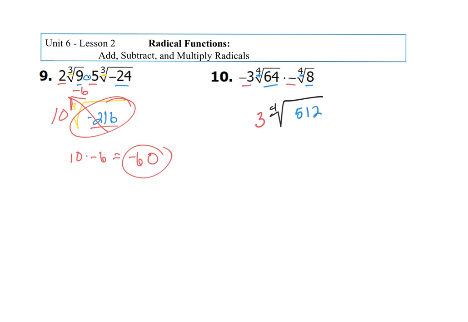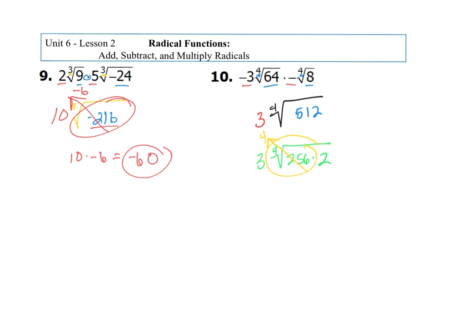So this is 3 times the fourth root of 512. Now 512, if I'm using my perfect fourths list, okay, the number that is a factor of 512 is 256. So we have 3, the fourth root of 256 times 2. Okay, the fourth root of 256 will come out as 4.